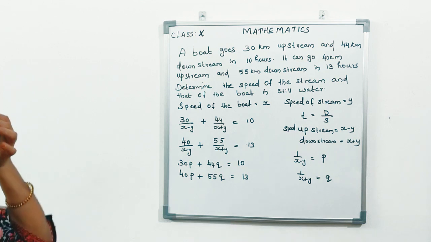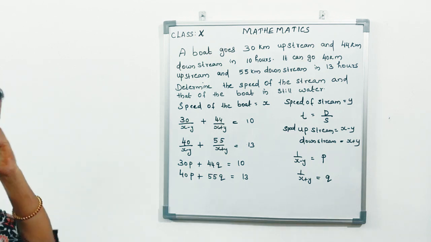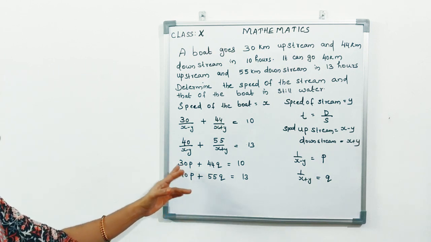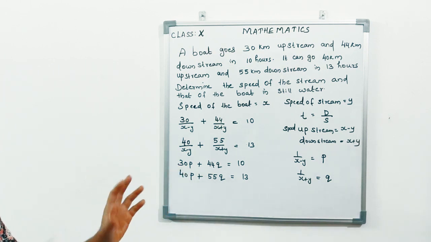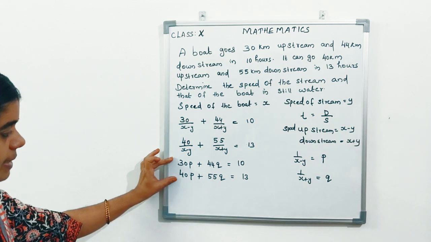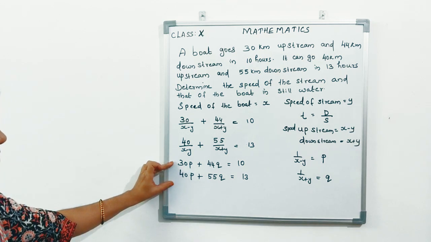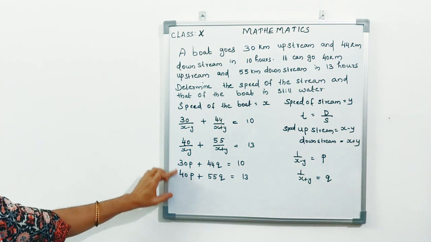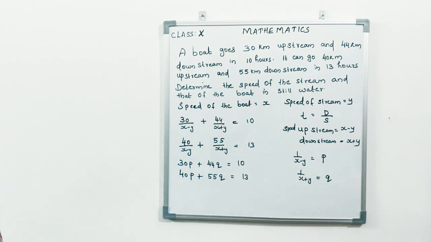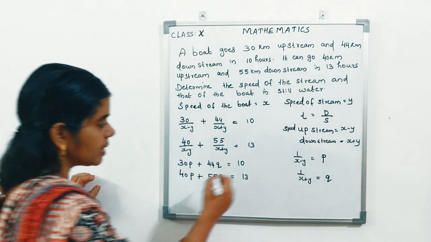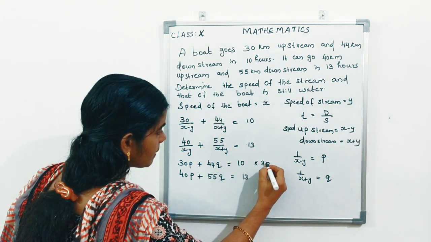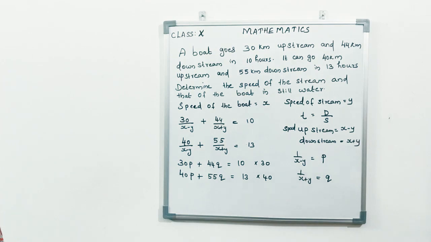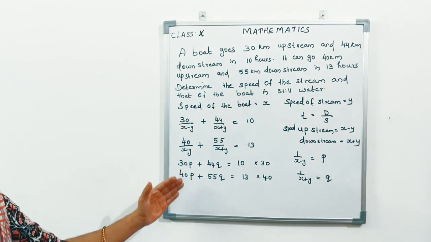Then we can make one coefficient equal. I am making the p coefficient equal, but there is no other way: if you multiply a single equation by any number, it will not be equal. So we multiply the coefficients of these two equations. Normally the numbers will be a little big after multiplying.